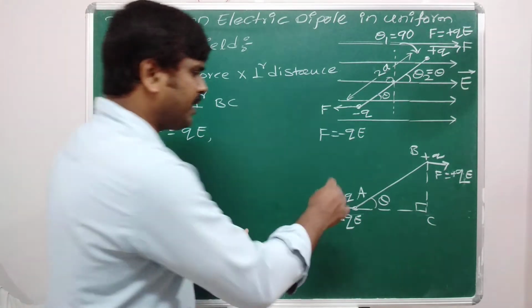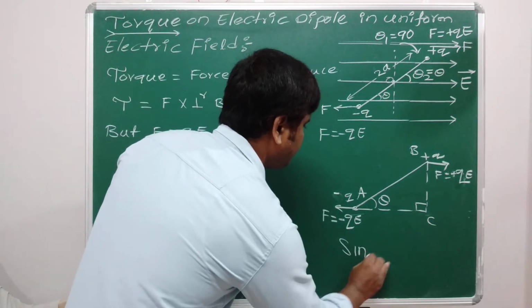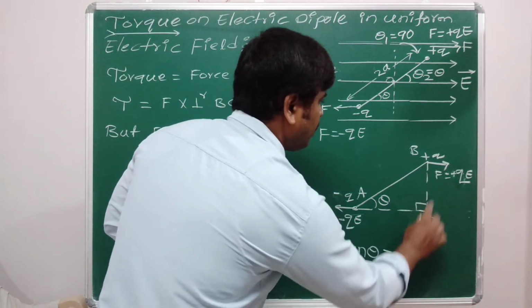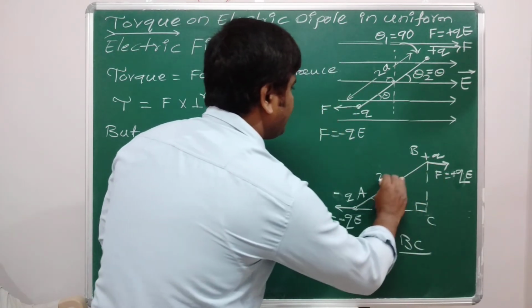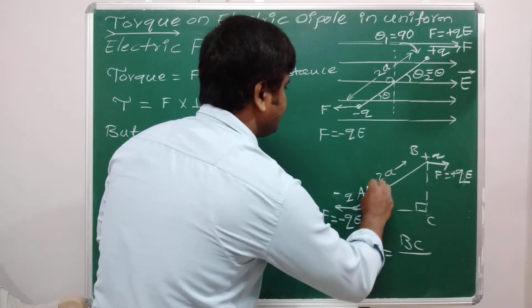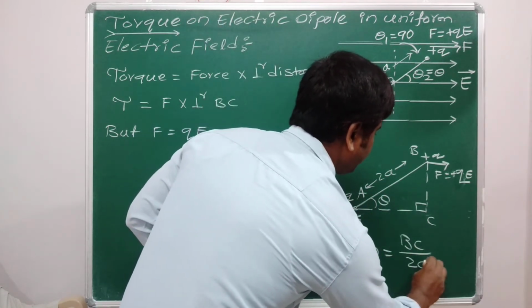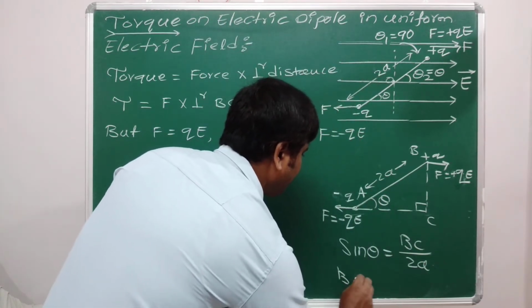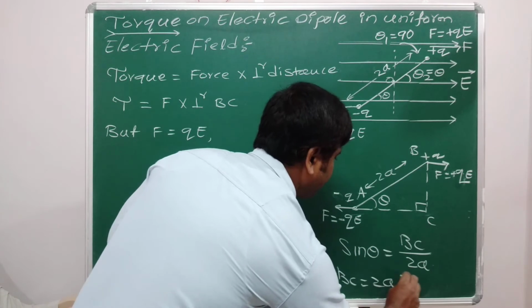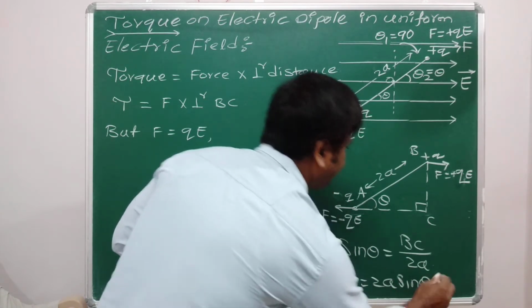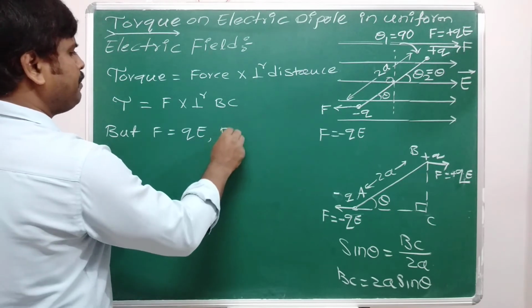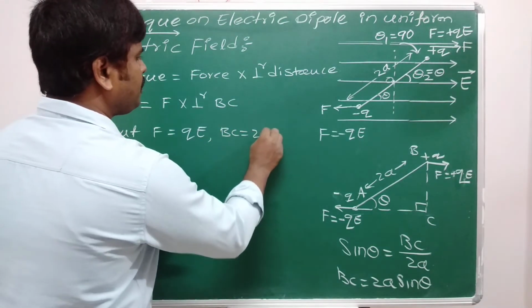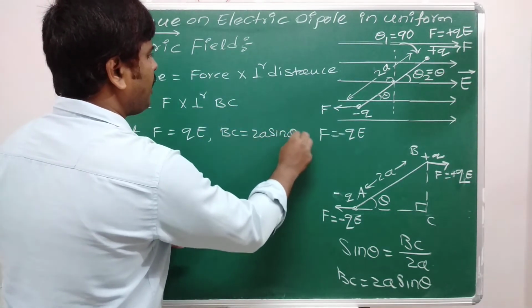So sine theta is equal to opposite, BC, divided by hypotenuse, 2A. So BC is equal to 2A sine theta.